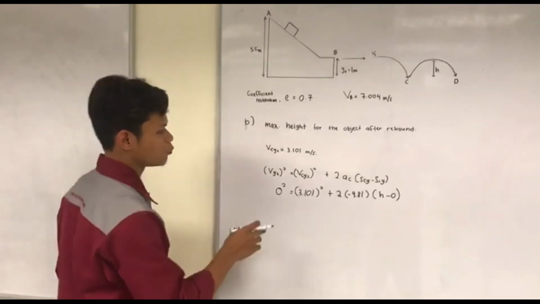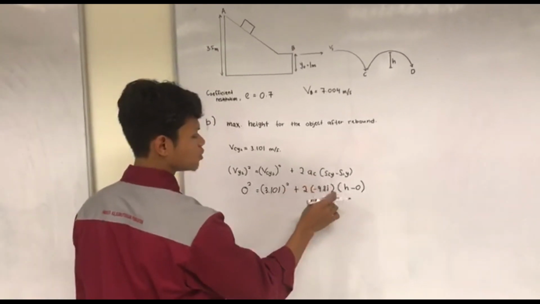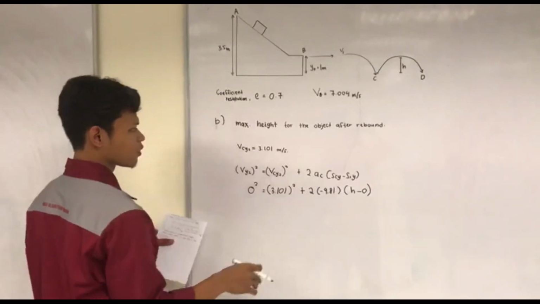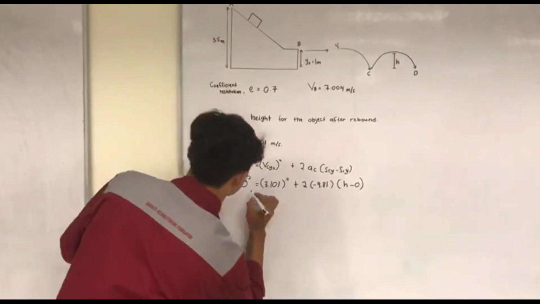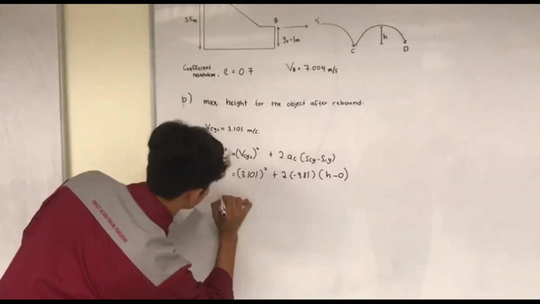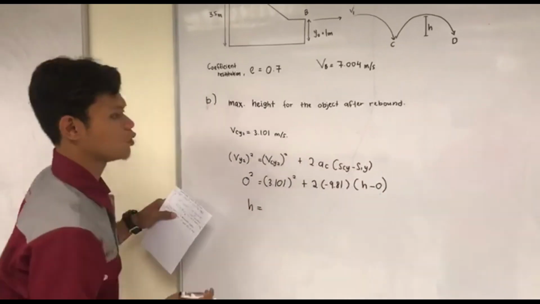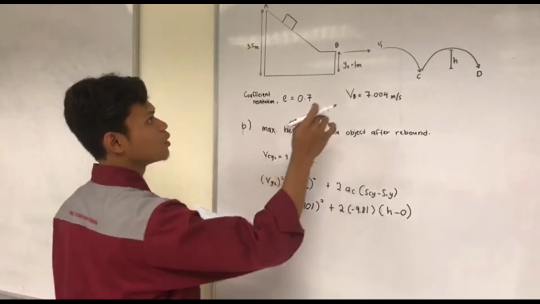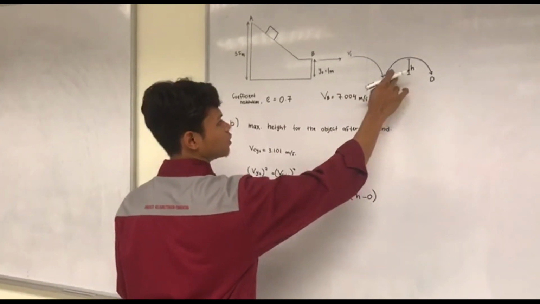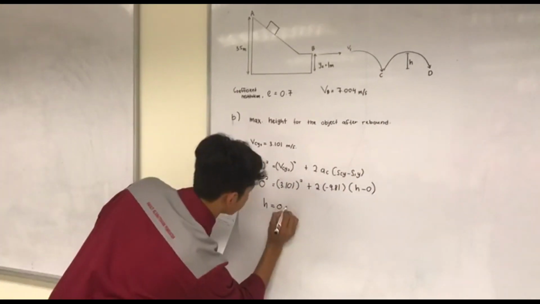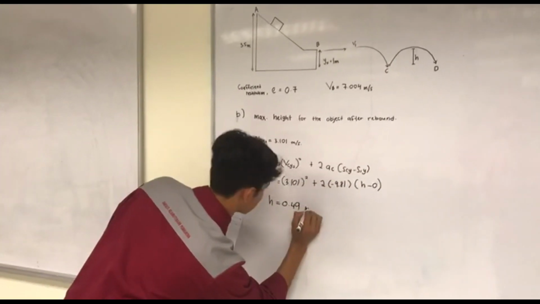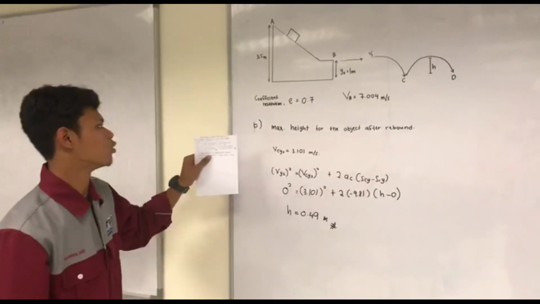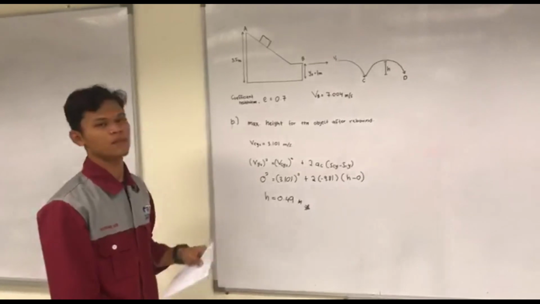After we put the values into the equation, just change the h to here, and we calculate the equation as usual. After we calculate, we get that the height of the object after the rebound is 0.49 meters. Okay, that's all for question B. Thank you.